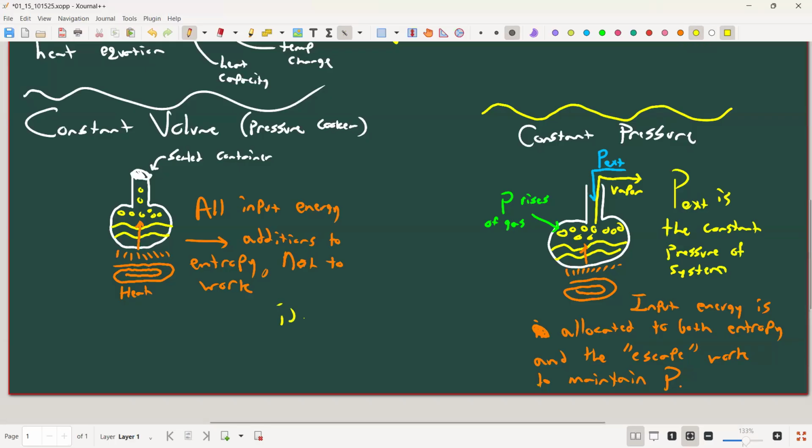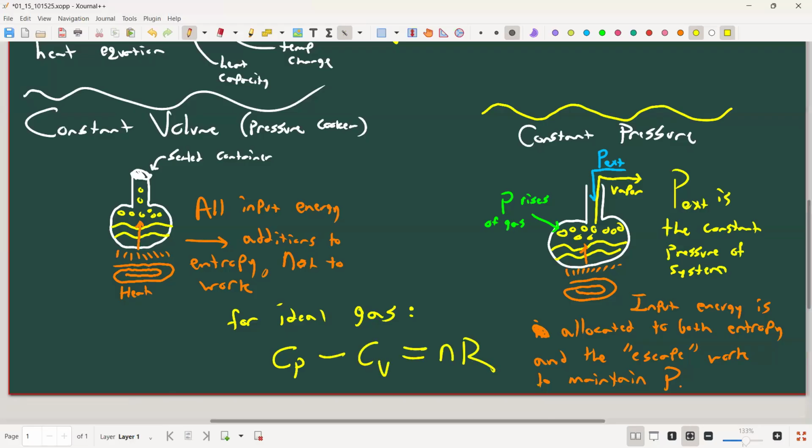And so for an ideal gas, the difference between Cp and Cv is equal to N times R. Heat capacity has units per Kelvin, so we can't have T on this side. R has the units of heat capacity, joules per mole Kelvin. So we have to get rid of T here. All right, we'll understand why that is soon. So this is just that additional sink of energy that a constant pressure environment has.